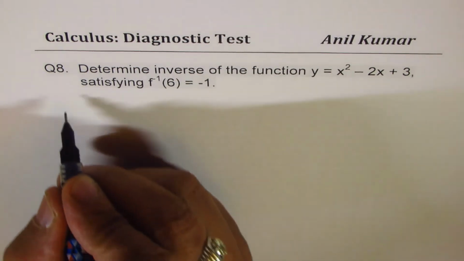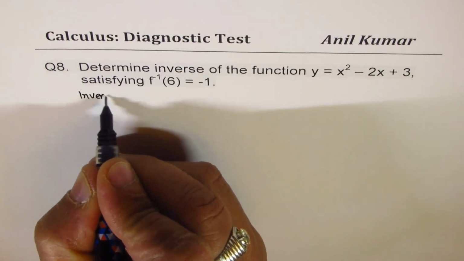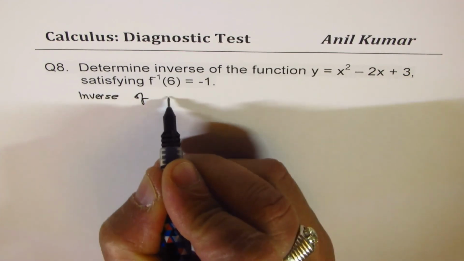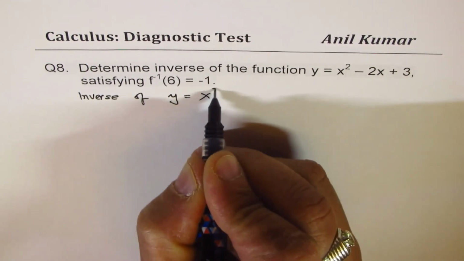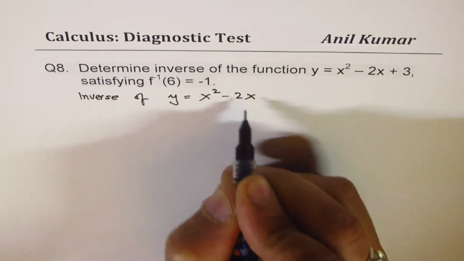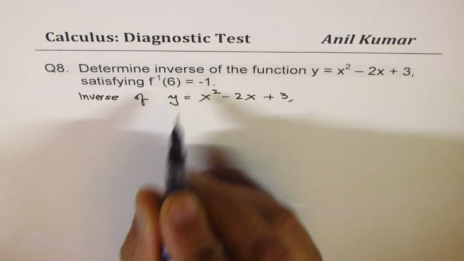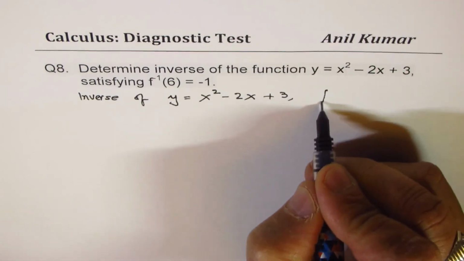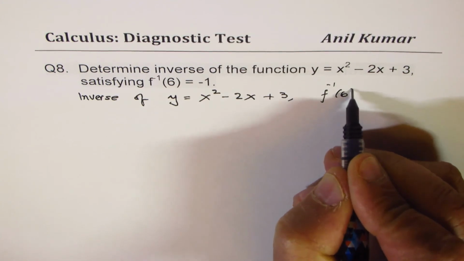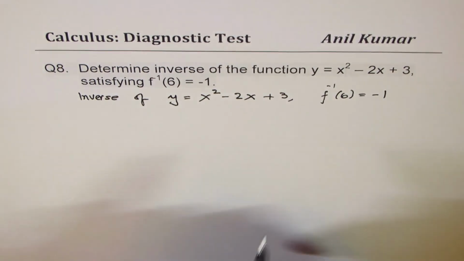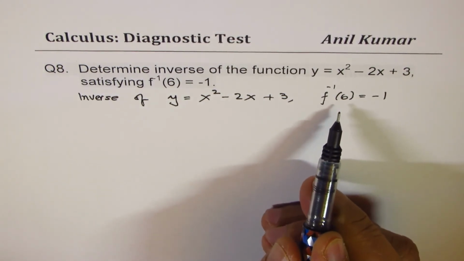So we have to find inverse function, right? So we need to find inverse of y equals to x squared minus 2x plus 3. And we are also given that f inverse of 6 is minus 1. Now how does that help?